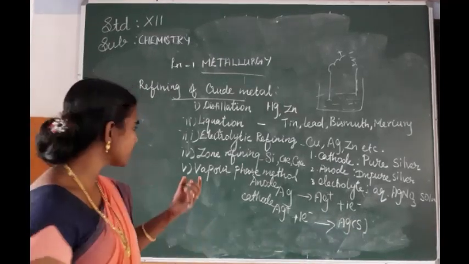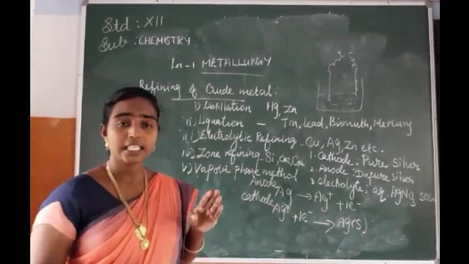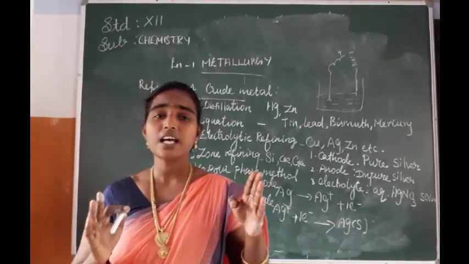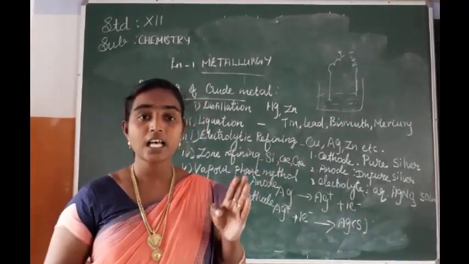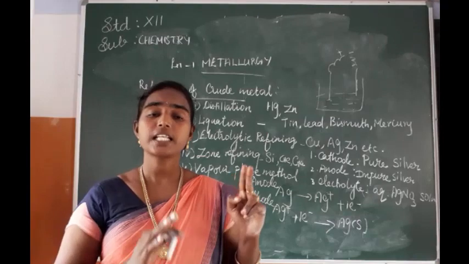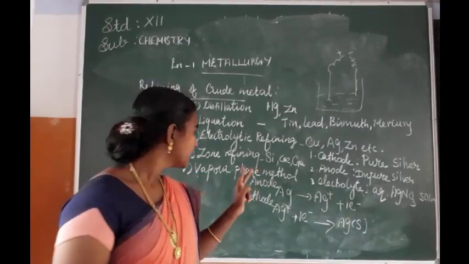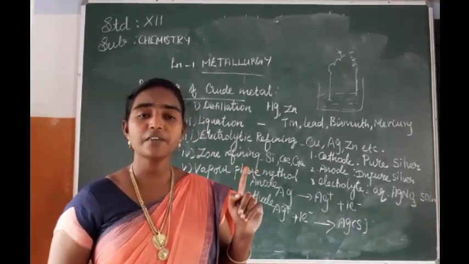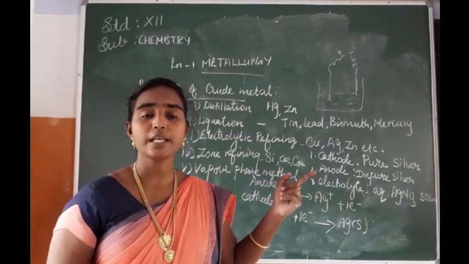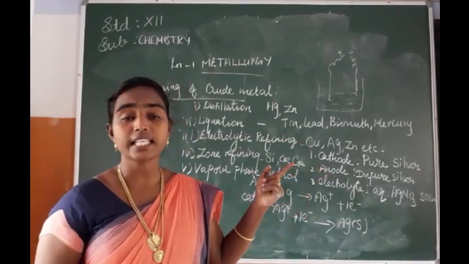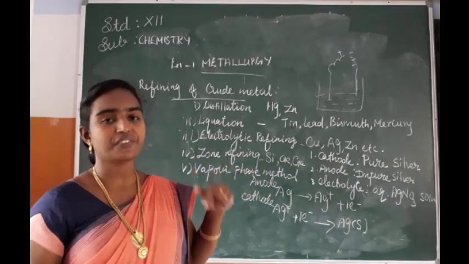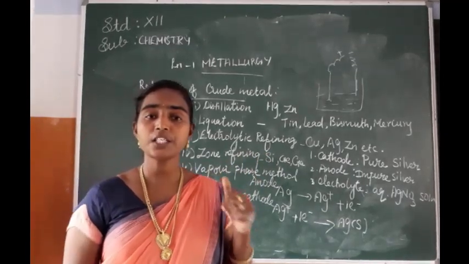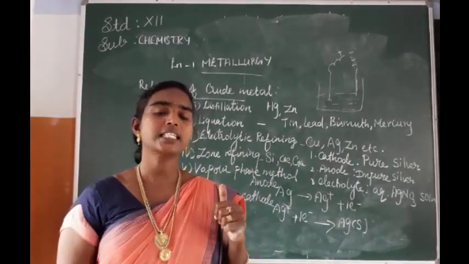So what are the points I have given in zone refining? It depends on the principle of fractional crystallization. Ultra pure metals can be prepared. Examples we can say are silicon, germanium, gallium; these types of metals can be purified by the zone refining method. And one more condition, it should be done under an inert atmosphere.